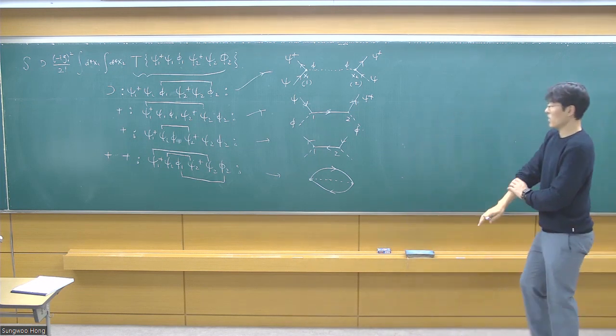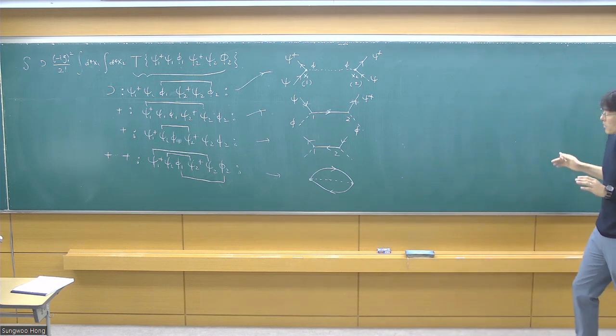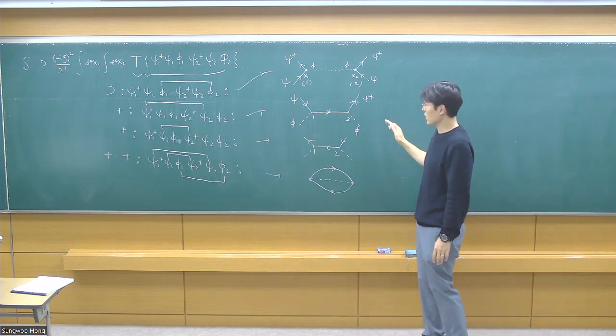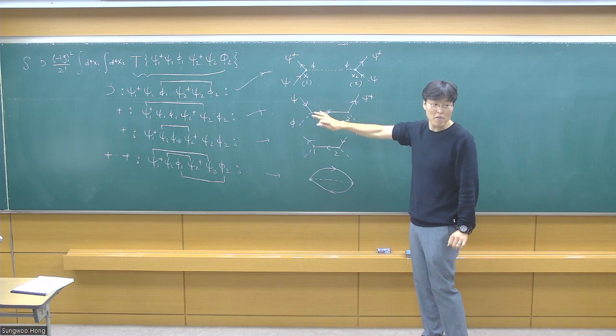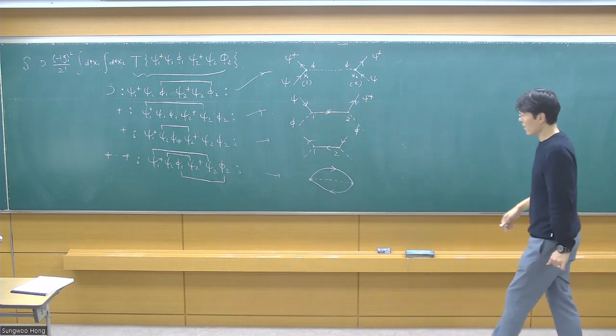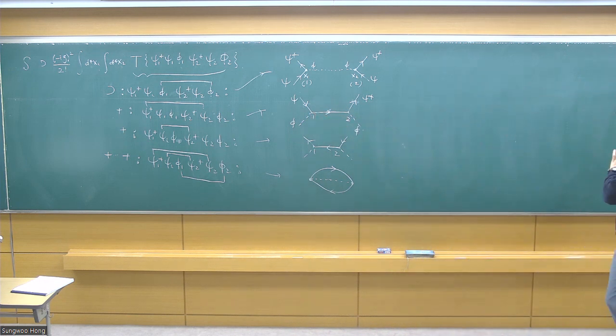From now on, I should be careful for two reasons. One, I shouldn't erase this thing because I'm going to need these expressions many times. So I don't want to write that again. The second reason why it's dangerous, I will explain later.